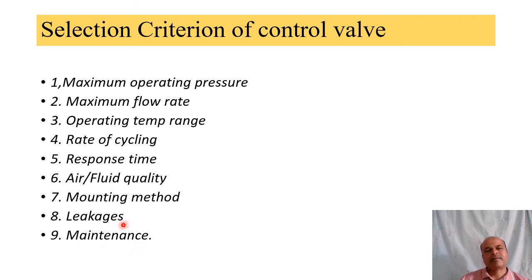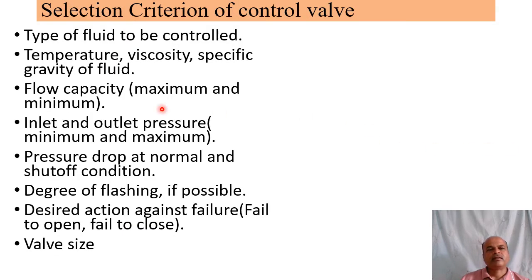So we have to consider the leakage parameter and also the maintenance parameter while selecting the control valve. Then other parameters are types of fluid to be controlled, temperature, viscosity, then specific gravity of fluid. These parameters of the fluid we have to consider.